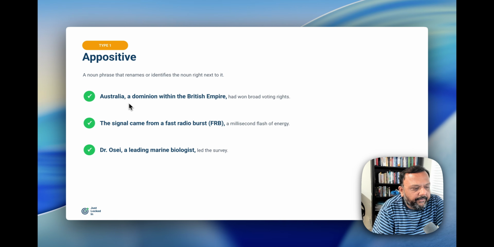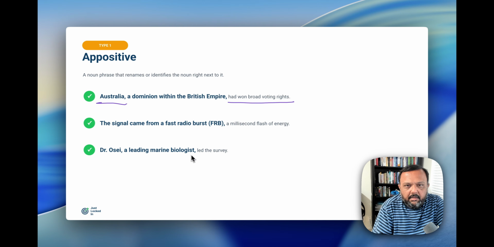And look at it. Australia had won broad voting rights. That makes a complete sentence, and that describes the core idea as well. That is, Australia had won voting rights. And this one here tries to define what Australia is in some way: a dominion within the British Empire.